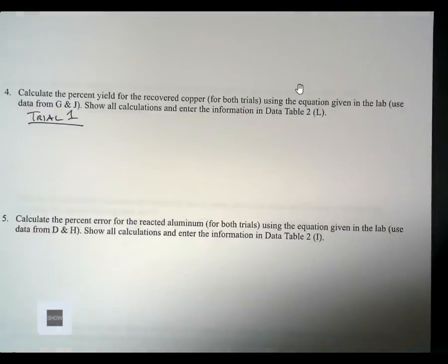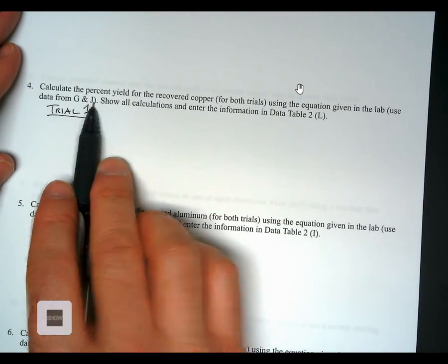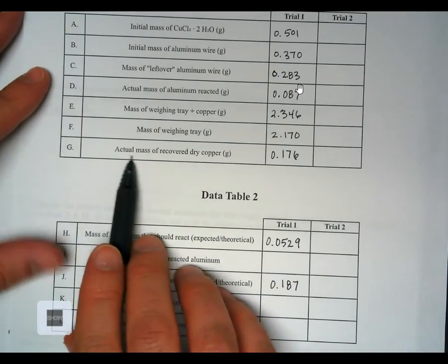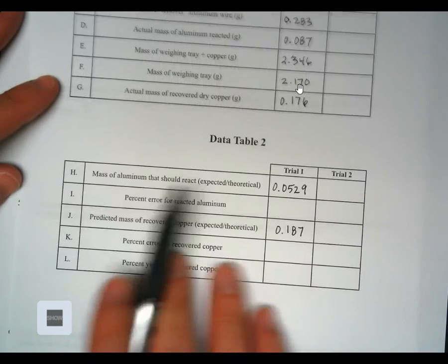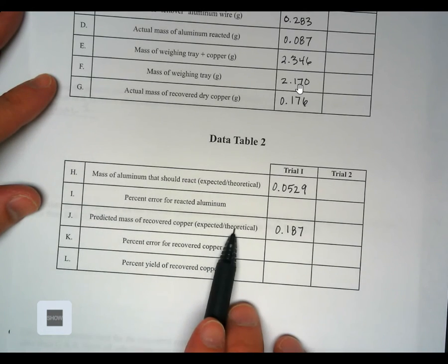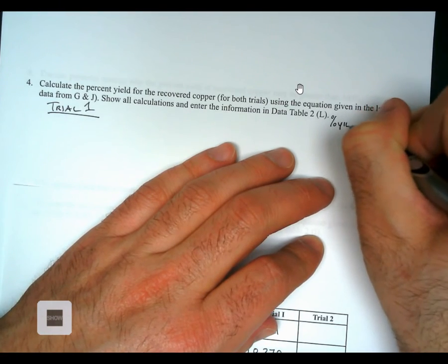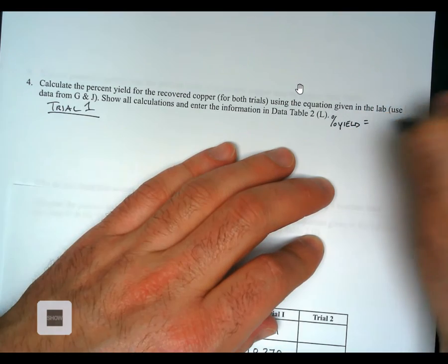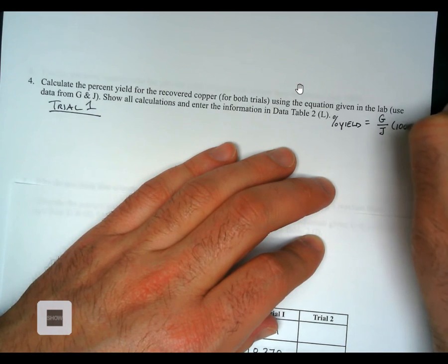Now on our problem, it says use data from G and J. So if we look at G, actual mass of recovered copper, so that's our actual, right? J, predicted mass, the theoretical. So the percent yield is going to be G divided by J times 100.